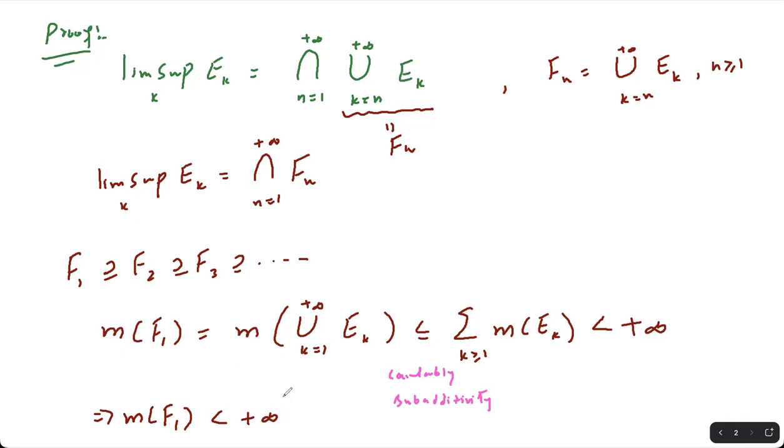So what does that mean? The first condition, that it's a decreasing sequence, and the Lebesgue measure of the largest set is less than plus infinity. So I can apply the continuity of measure from above.